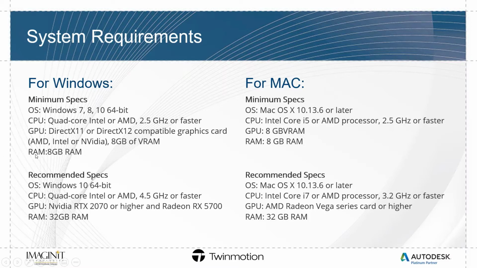So the minimum specs are definitely adequate specs. If you have these specs, you're going to be running Twinmotion fine. If you meet the recommended specs, what you're looking at in real time on your screen is almost identical to the output that you're going to receive when you actually output your media.